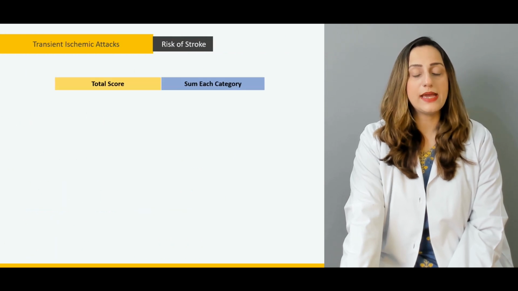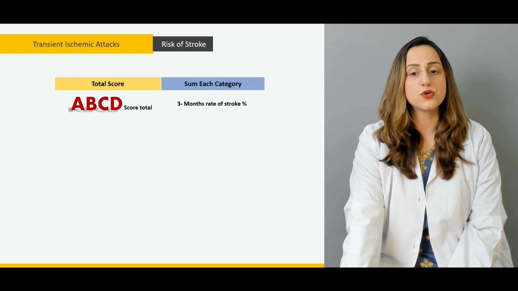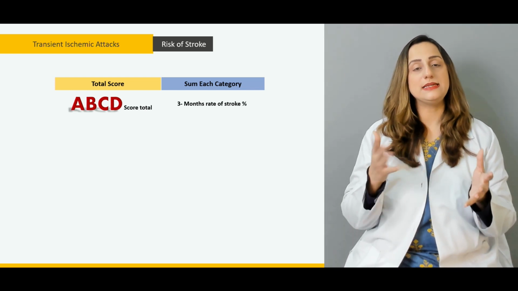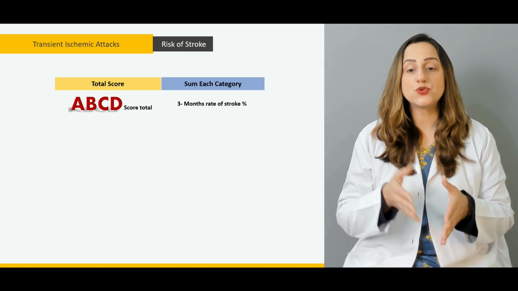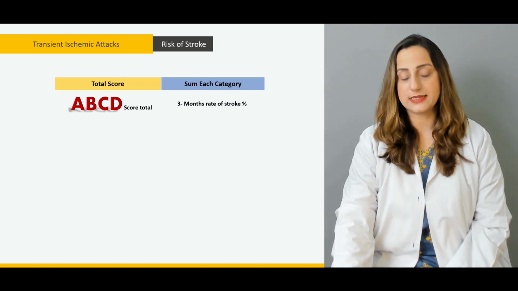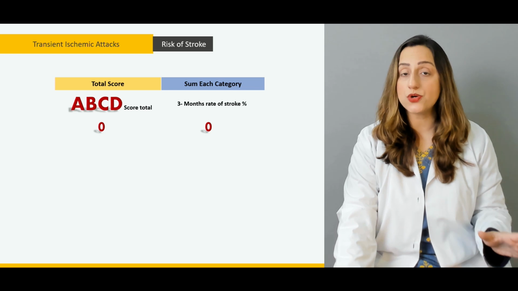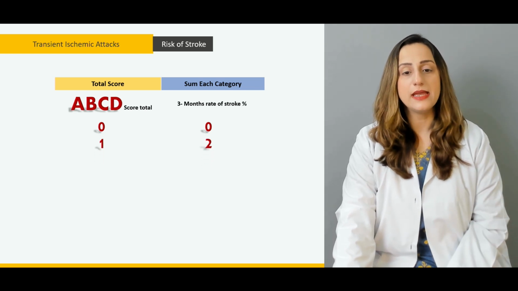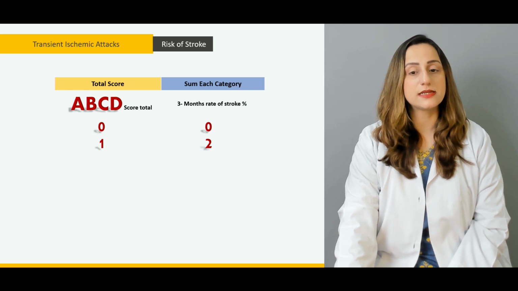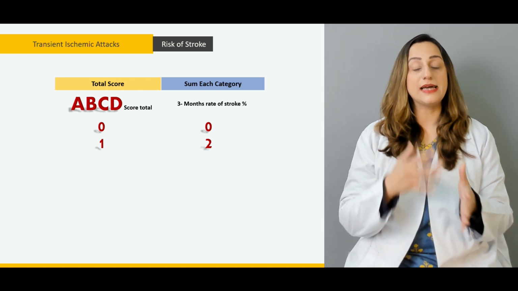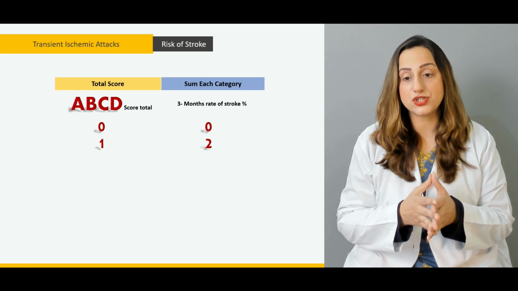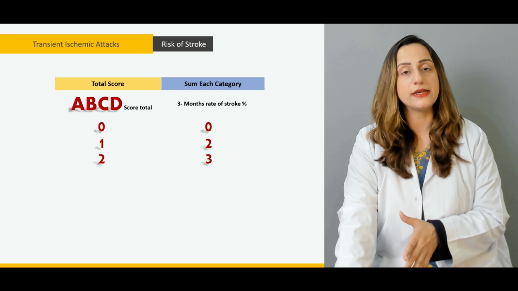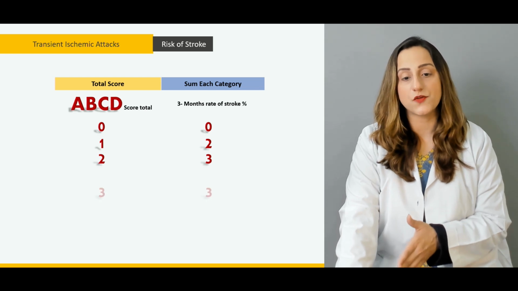Then obviously we have the total score. We add on this ABCD total score, and the 3-month rate of stroke is diagnosed accordingly. If it's a 0 score, then there is no risk involved. If it's a 1, that is going to rate the percentage to 2. Then a 2 score is coordinated with a 3% chance of stroke.